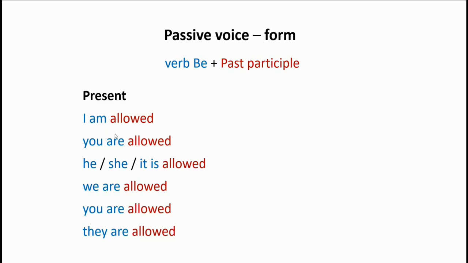So in the present tense of the passive voice, we have the verb be in the present tense. Everything in blue is the verb be in the present: I am, you are, he is, she is, it is, we are, you are, and they are.